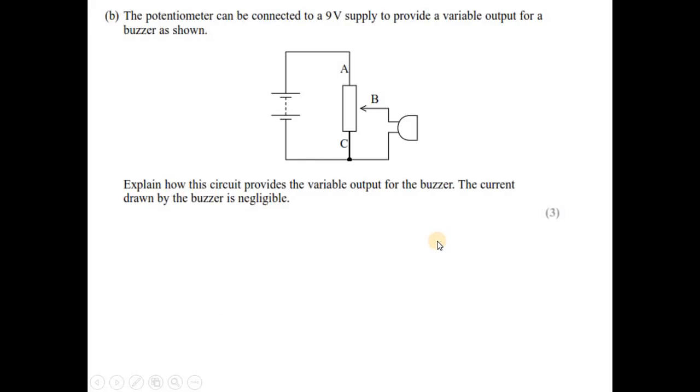Part B. The potentiometer can be connected to a 9-volt supply to provide a variable output for a buzzer as shown. Explain how this circuit provides the variable output for the buzzer. The current drawn by the buzzer is negligible. Clearly, the buzzer is in parallel with this potentiometer.